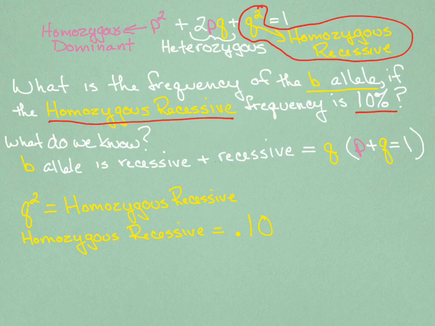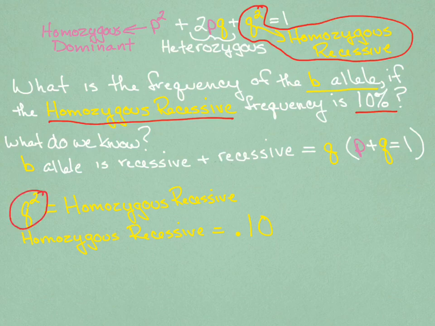I look at every question like a detective walking into a crime scene. What do we got? What do we know? Give me the information. In all questions, isolate what they give you and write it down. Don't try to keep it all in your head because it gets all jumbled up.